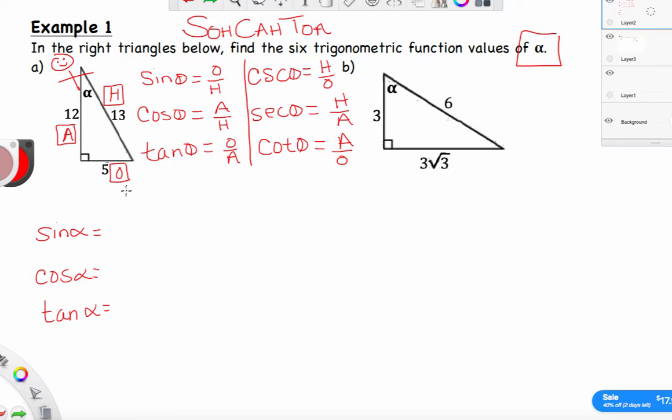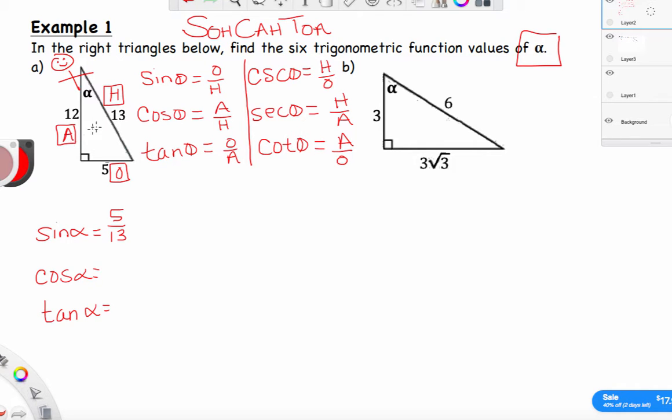Sine is O over H. It's your SO in SOHCAHTOA, and my O over H is 5 over 13. Sometimes I just sound out SOHCAHTOA when I'm building. Sine, cosine, and tangent. I'll think of cosine as "ah," like SOHCAHTOA, "ka," and I literally look off my triangle and say "ah" to myself, and then I can just build that fraction.